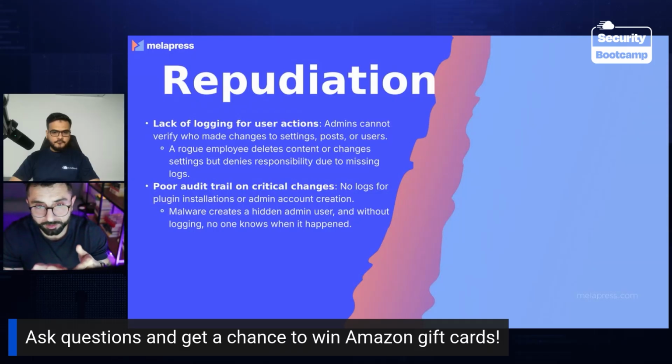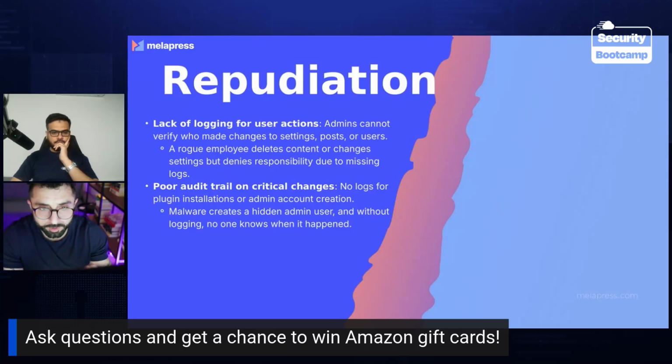This can happen through lack of logging of user actions. If we don't have an activity log on our website, we don't have any sort of recourse. If a user denies doing a particular action, we don't have a leg to stand on. We don't have any evidence that would tell us a different story.